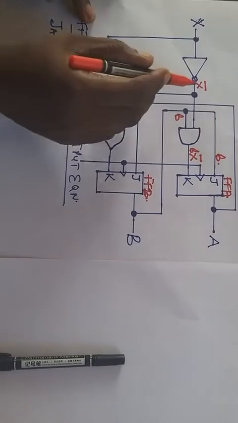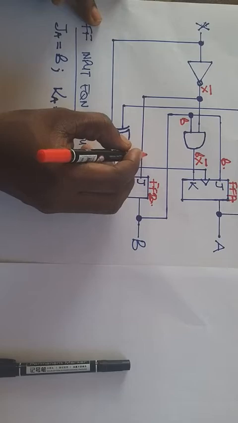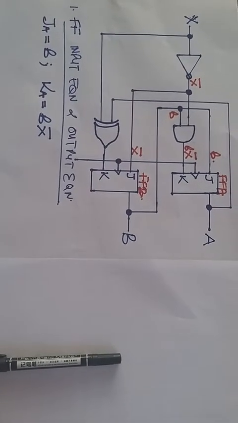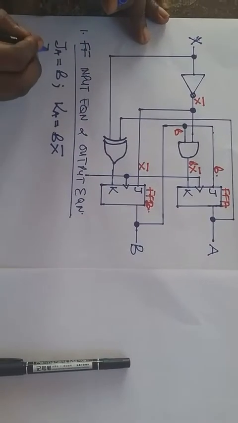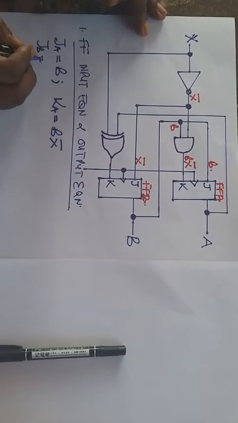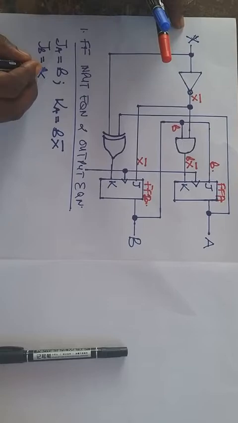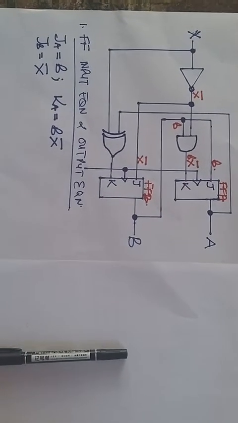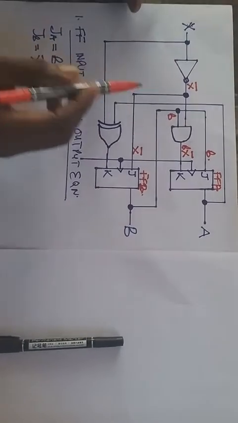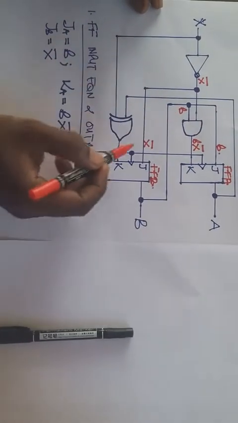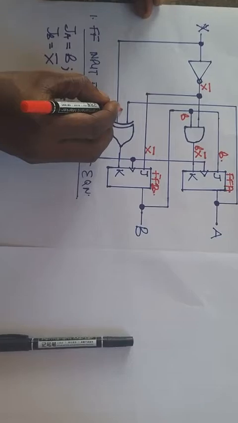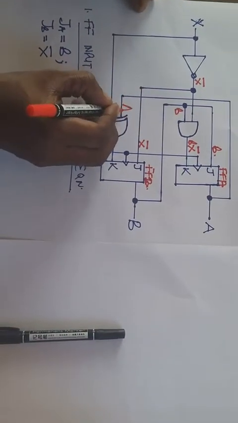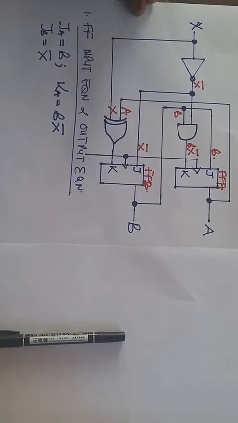Now let's do JB. JB, as you can see, is going to be X bar. So our JB is equal to X bar. And then finally our KB, which is X here, and then we have A also coming here, an exclusive OR gate.